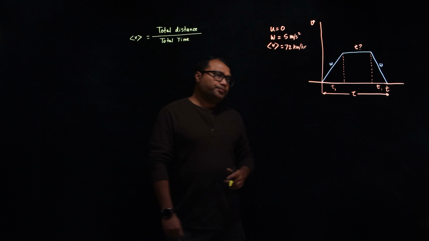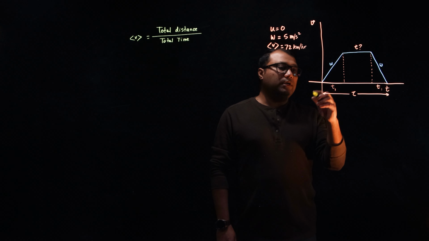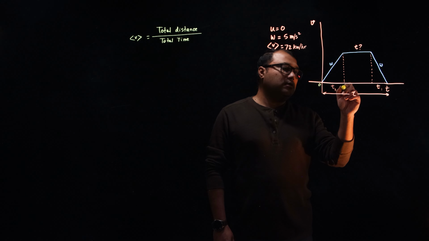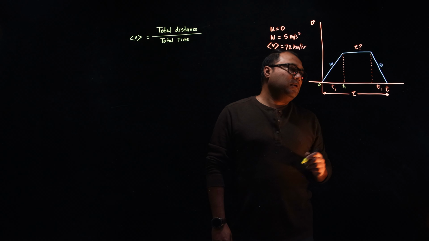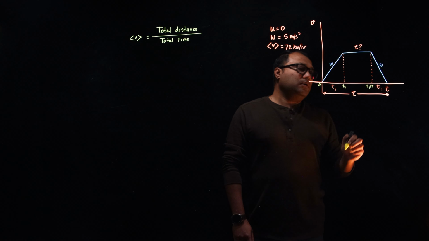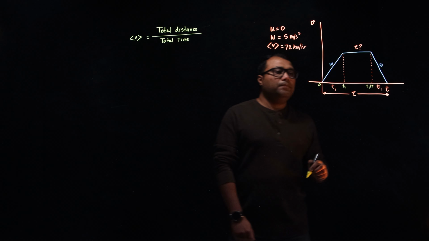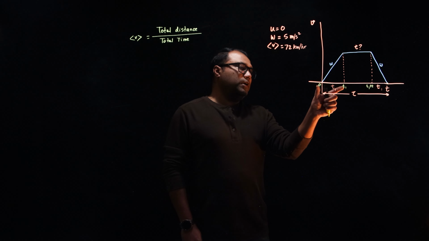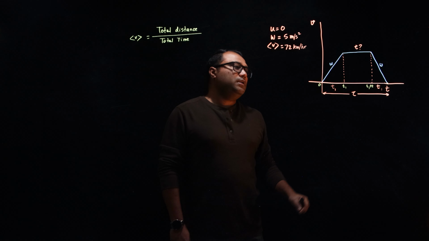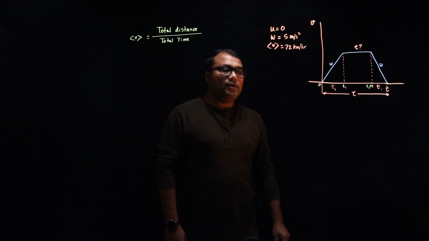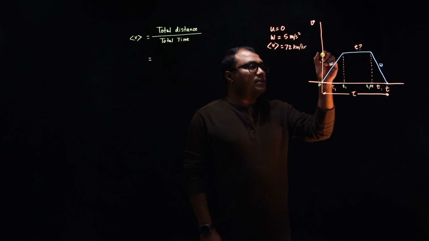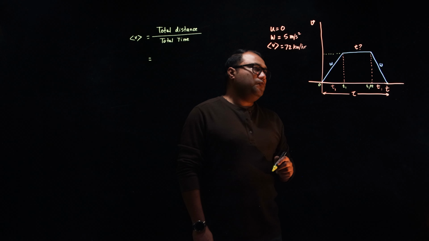Now what is the distance covered in the journey from O to, let's say, t1, t1 plus t, and this total is tau. What is the distance covered in this period? The distance covered in this period is the area under the velocity time graph, so the area of this particular triangle. If we know the velocity at t1, then it's easy to find the area.